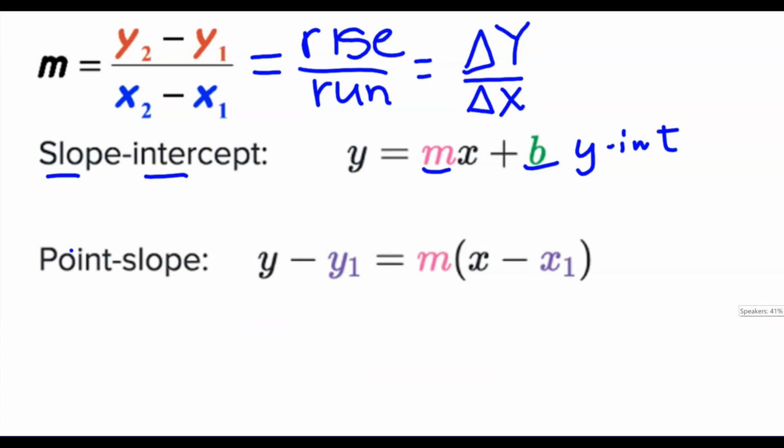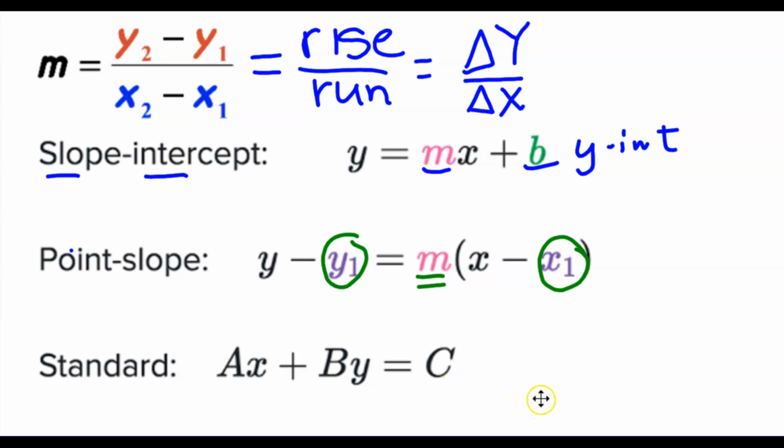And again, just like the name implies, it uses the coordinates of a point, the x-coordinate and the y-coordinate, and the slope. And finally, the last form that we're going to look at is the standard form. It does not use the points or the slope, but it does allow you to quickly graph an equation using the x and y intercept.